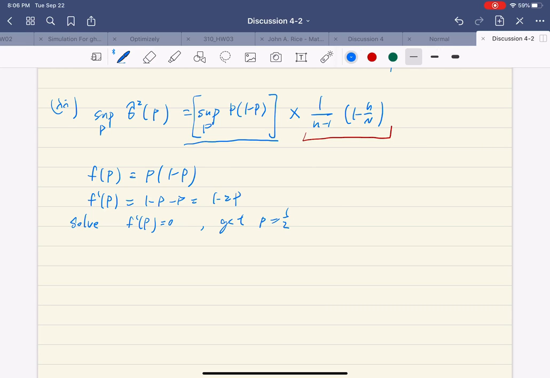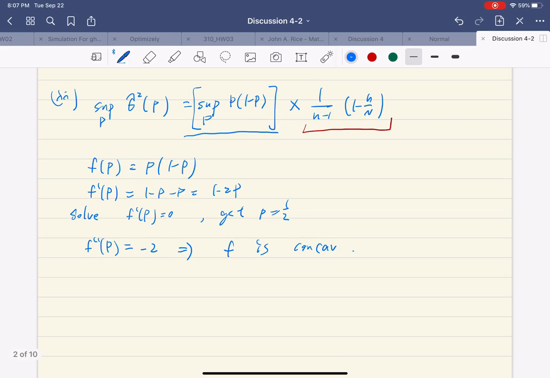So when p equals 1 over 2, this is a local maximum or minimum. Now we have to find the second derivative, which is negative 2. This is negative, so that implies f is concave, so p equal to 1 over 2 is the maximum.